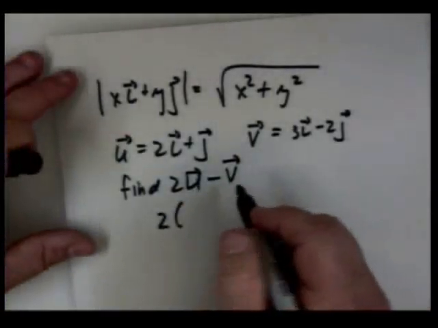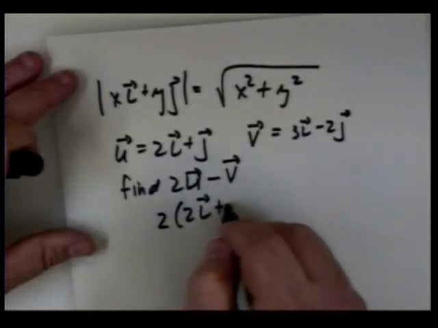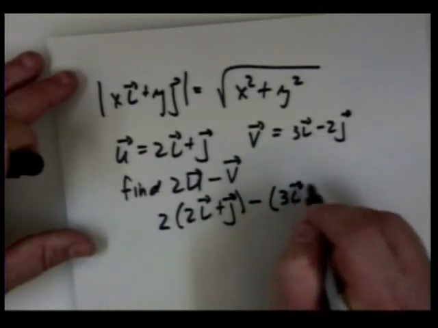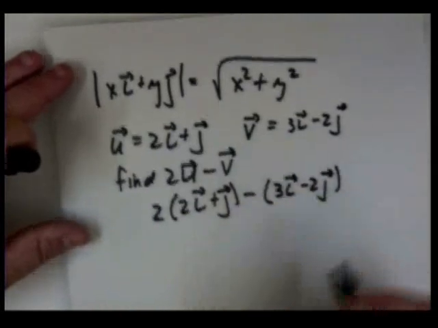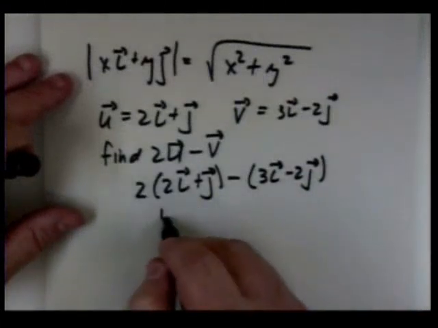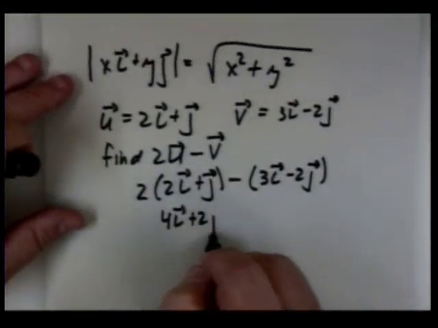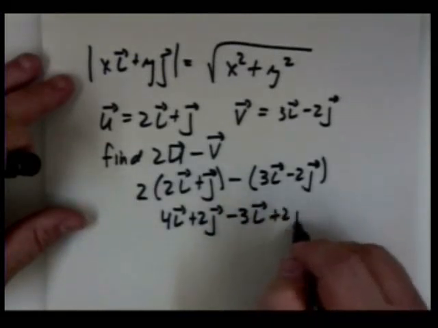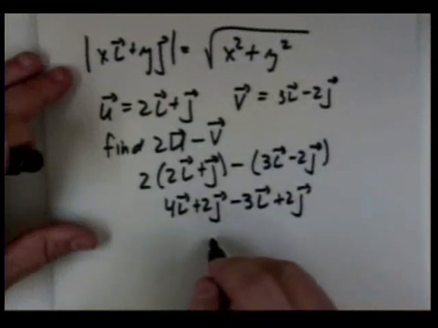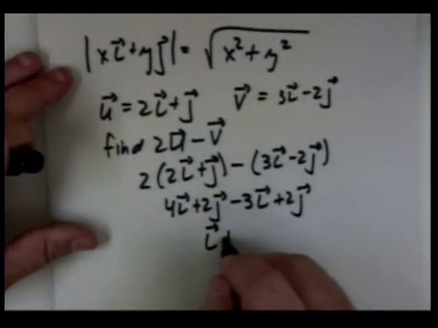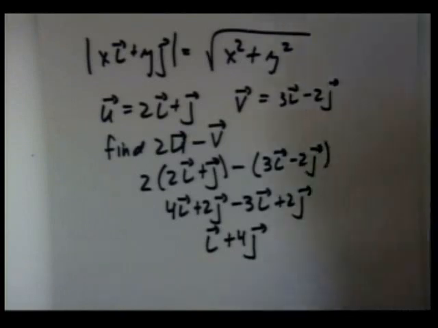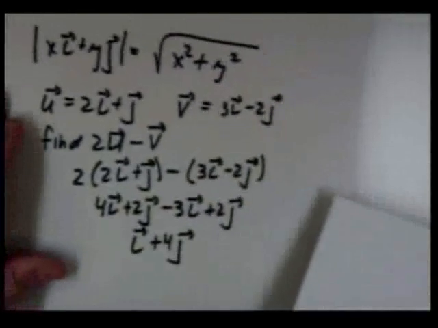You take twice vector u, which is 2i plus j, and you subtract vector v, which is 3i minus 2j, and so I'm getting 4i plus 2j minus 3i plus 2j, and if I combine, I get i plus 4j. I bet you're thinking, boy, I hope Dave puts a lot of those on the quiz. That's pretty good stuff there.